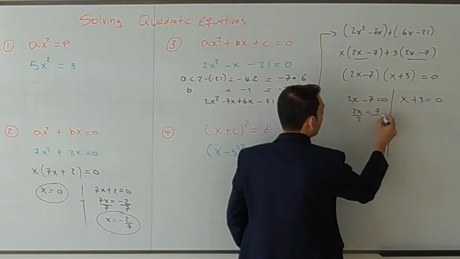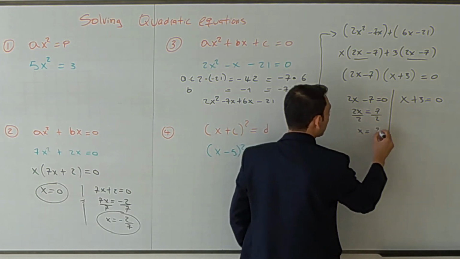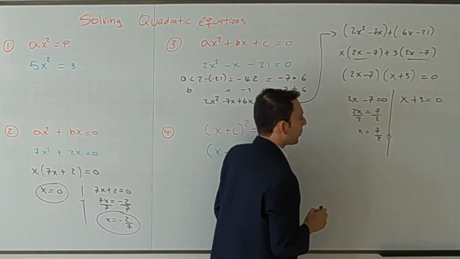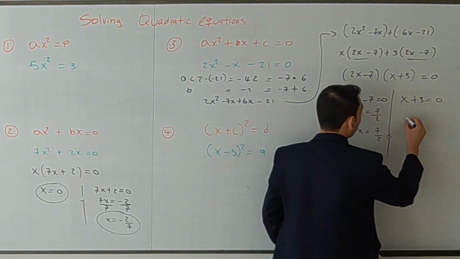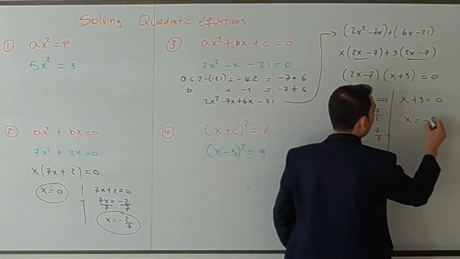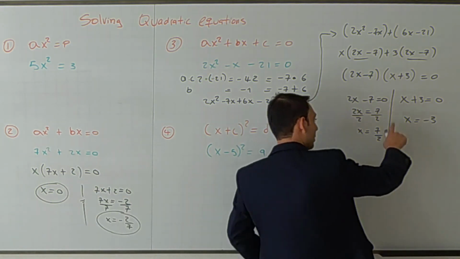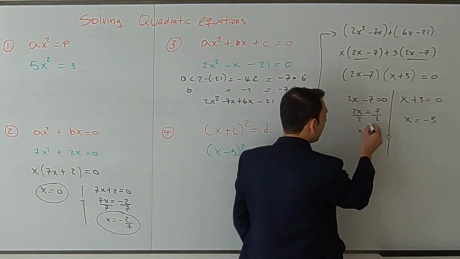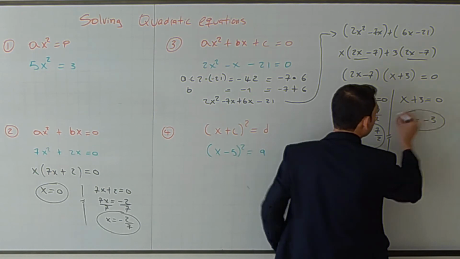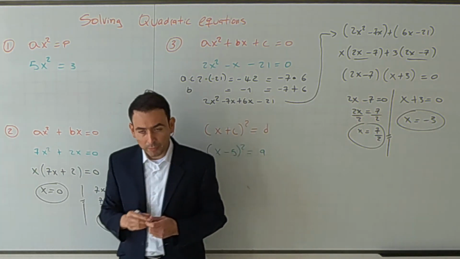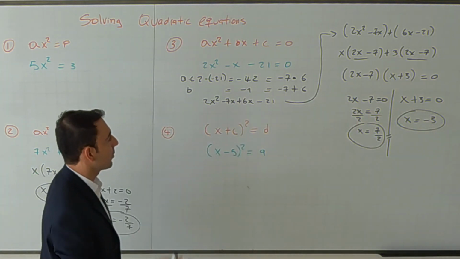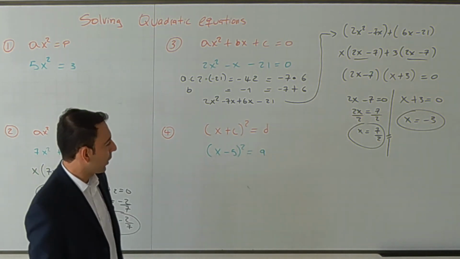Then applying the property of equality, x is going to be equals to 7 over 2. In here, exactly the same. X is going to be equals to negative 2, applying the property of equality, subtraction in both sides. Then we have here answer number 1 and answer number 2. As usual, remember we have two possible answers when we are solving quadratic equations.